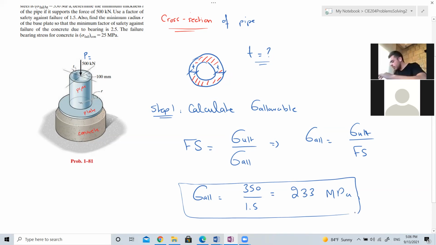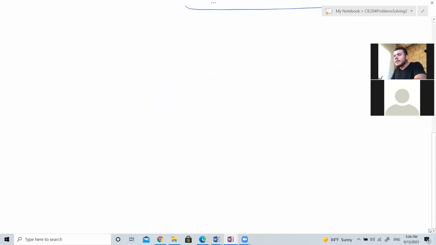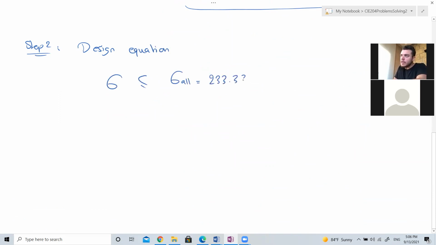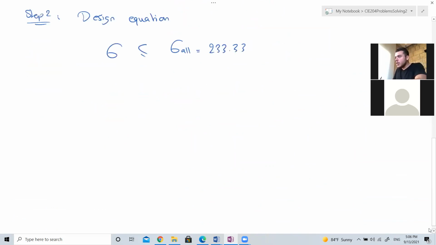Agreed till now? Yes. Now that we have sigma allowable, what do we do next in order to find the thickness T? What is step number 2? The design equation. Yes, thank you. We use the design equation, which is sigma less than or equal to sigma allowable, which is 233.33. What's the normal stress?